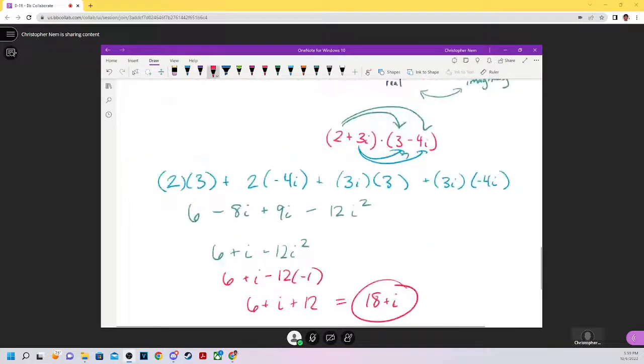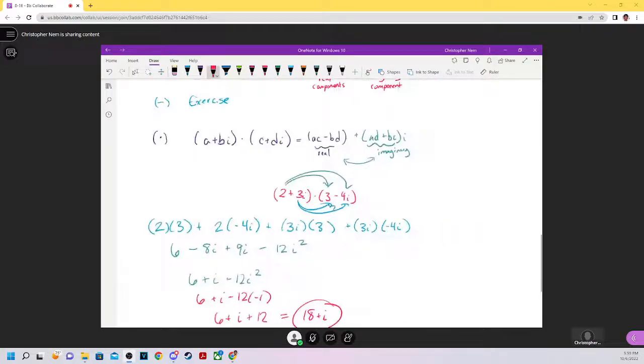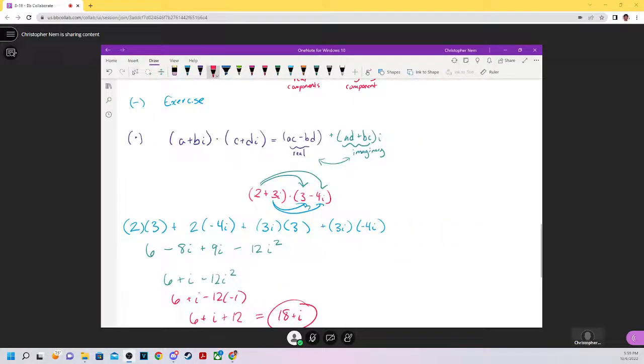Now, this is by foiling. If I go back to the definition, however, this should actually be equal to, let's do the real component first. We multiply the reals with the reals, subtracted by the imaginaries with the imaginaries. So this is 3 times 2, subtracted by the imaginaries multiplied, which is 3 times negative 4.